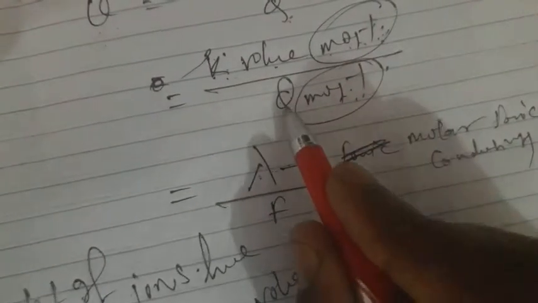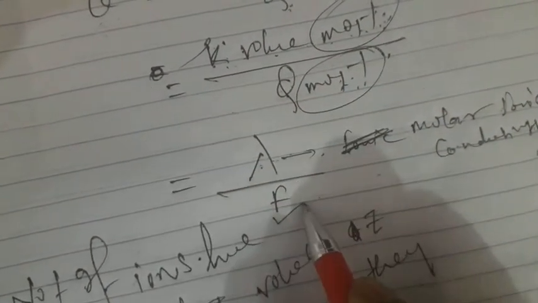So by definition, ionic conductivity, volume, per mole, this becomes molar ionic conductivity, and the charge of 1 mole is called Faraday.